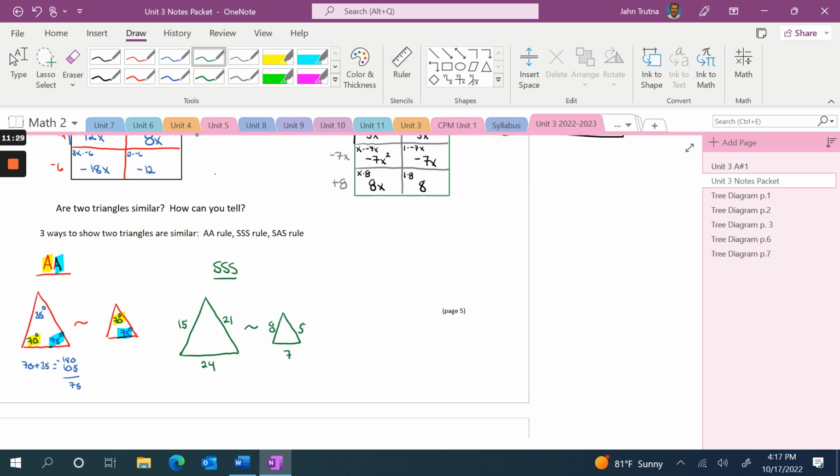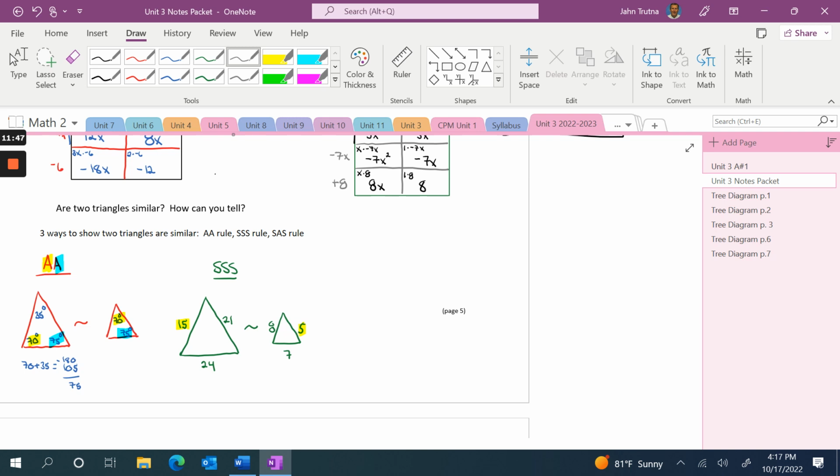Okay, so you have to have information about all three sides of the triangle, and then their ratios have to correspond.